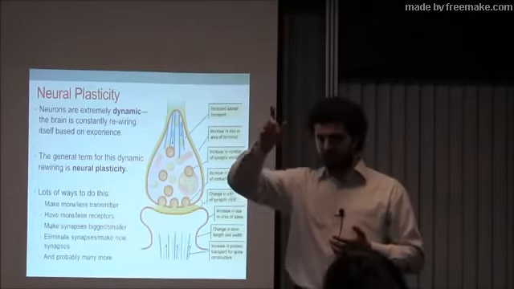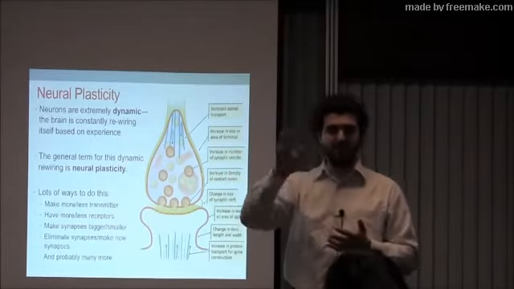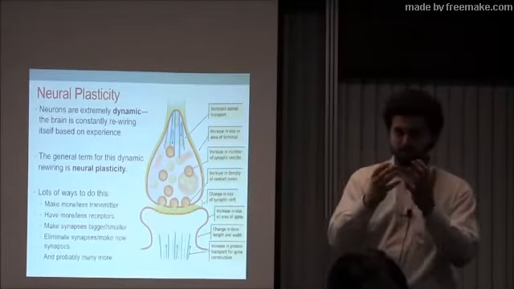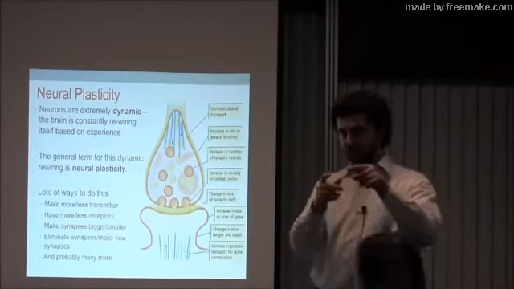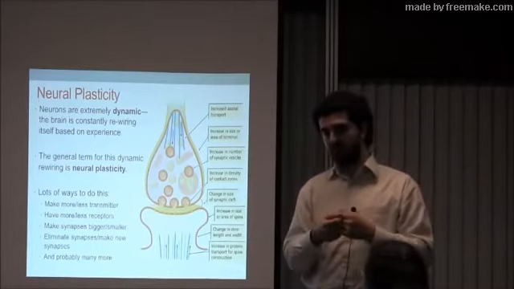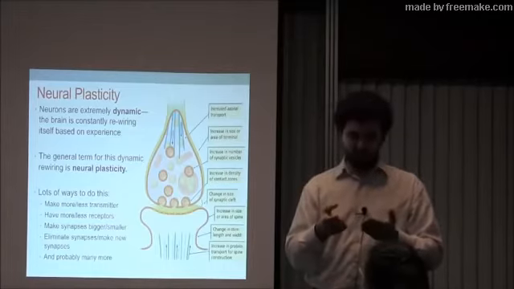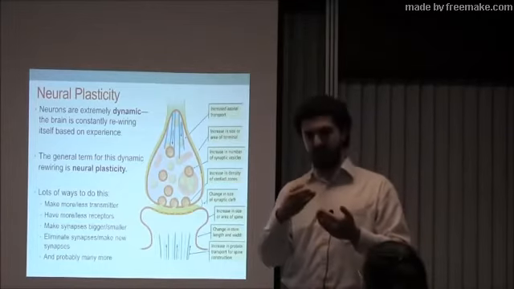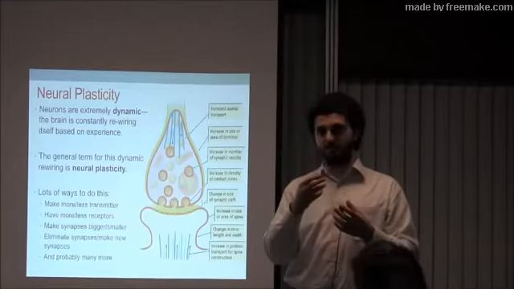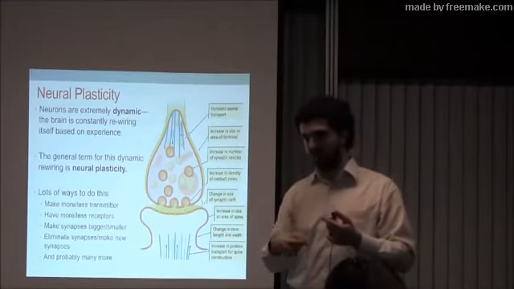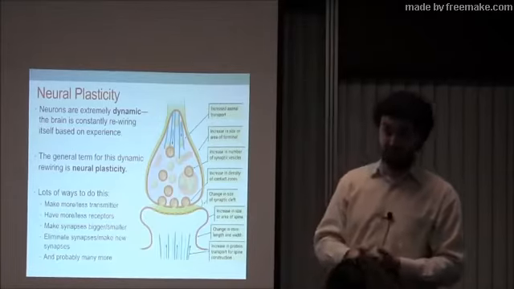But is it only in the positive direction? Is it only about potentiating synapses, connections between different neurons? There should definitely be a counterpart that regulates these connections in the other direction, which is removing this potentiation.